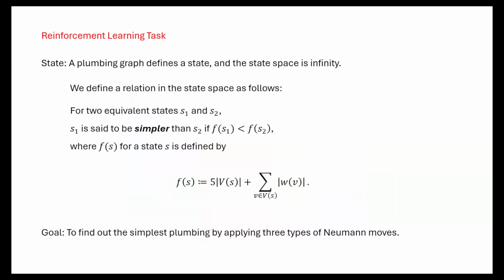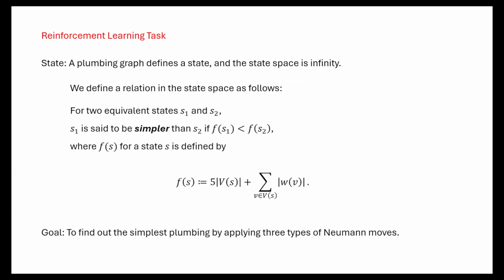So let us define how our RL environment is defined. Like the state space, first of all, just one prime graph represents one state. So the state space is actually infinite. And we define some kind of relation in the state space.